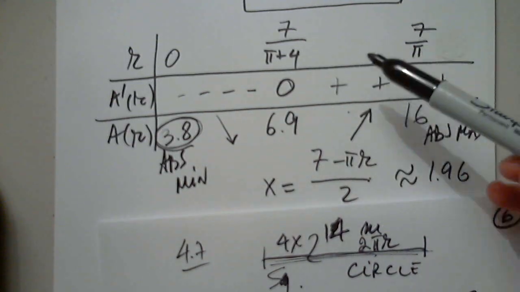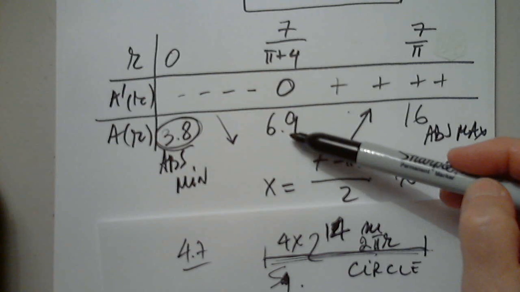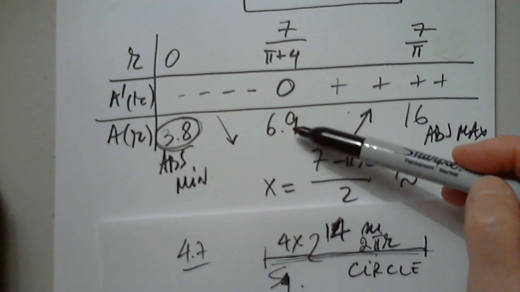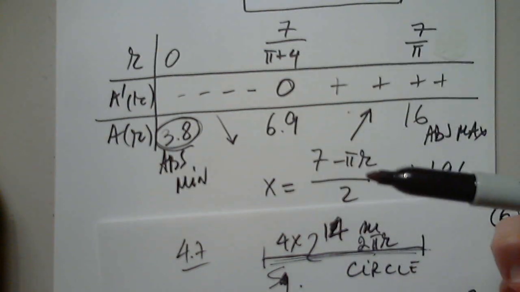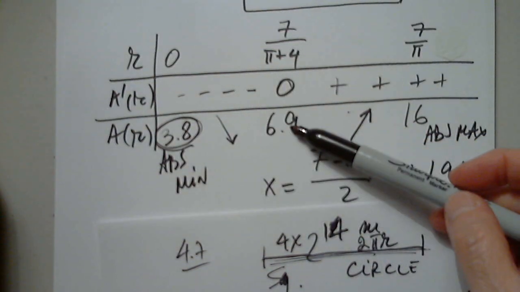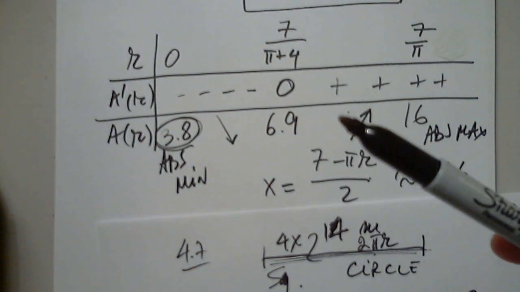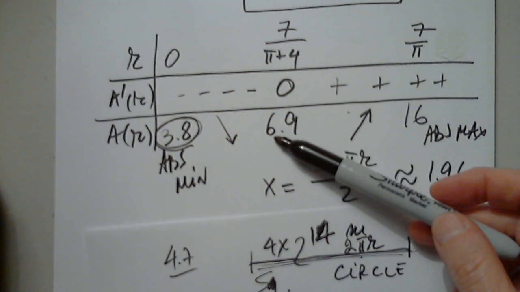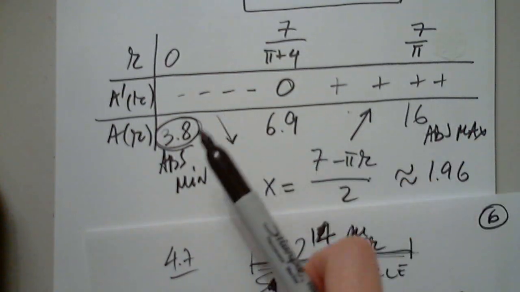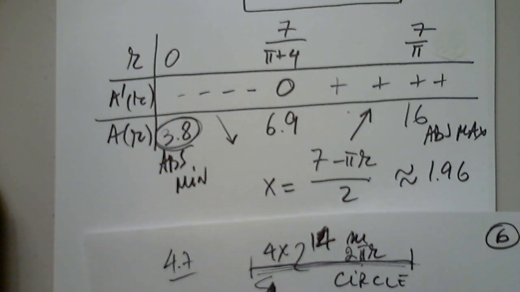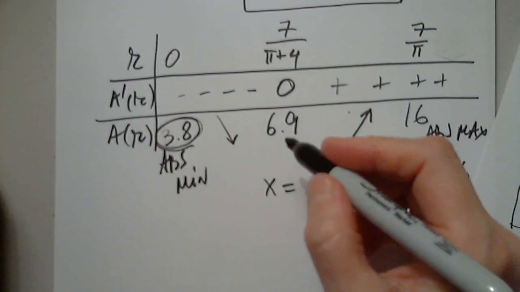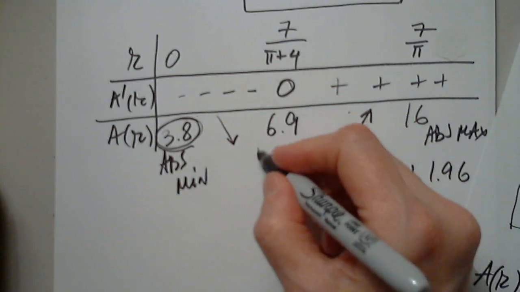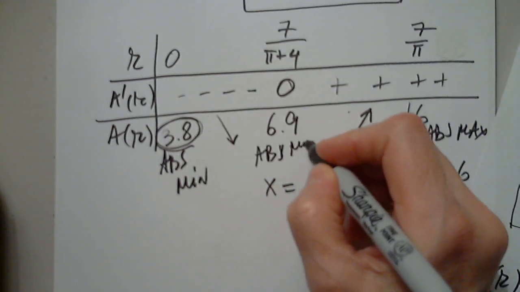Wrong. Doesn't make sense. From 3.8 cannot drop to 6.9. It can go high from 6.9 to 16. That's okay. So I have an error here. So that's wrong. So this has to be the absolute min.